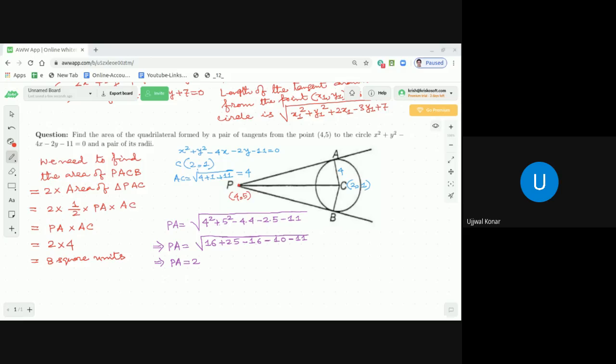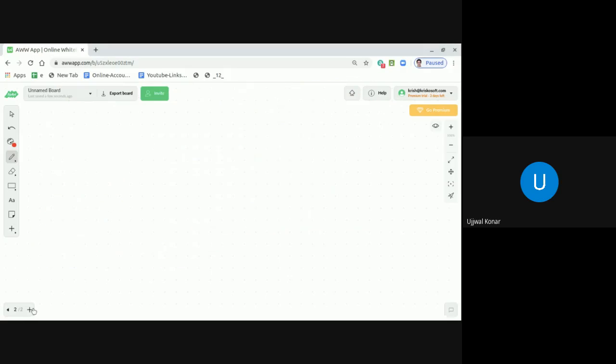Correct, dear students? Now we are going to discuss a topic called chord of contact. Let us first understand what is chord of contact, and then we are going to derive its equation.